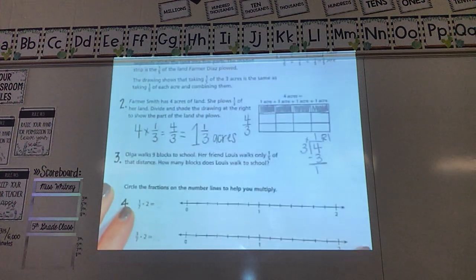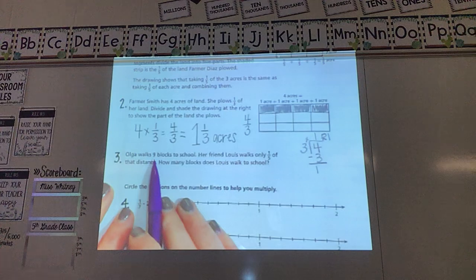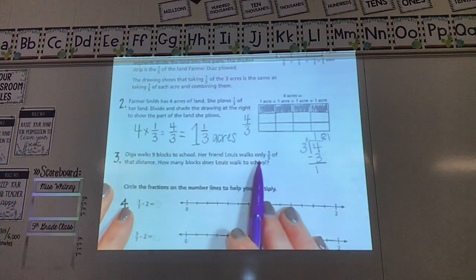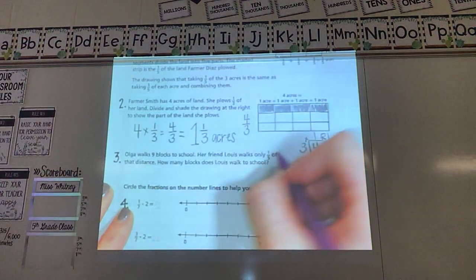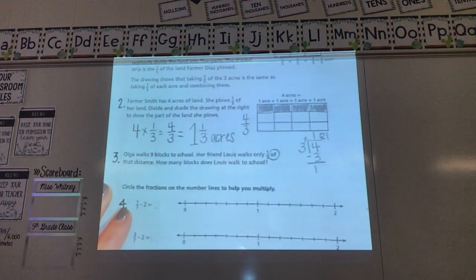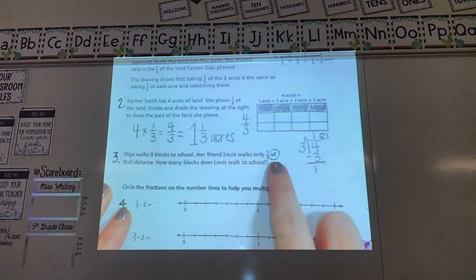Let's just multiply on number 3 and see if we can get the answer. Olga walks 9 blocks to school. Her friend Luis walks only 1/5 of that distance. How many blocks does Luis walk to school? What does that keyword mean to do?